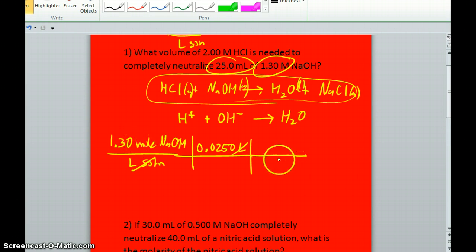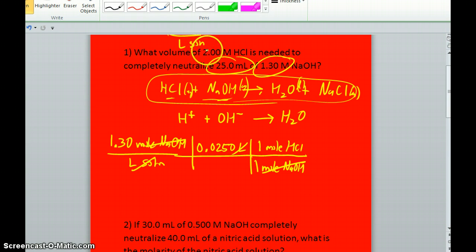And so in this case, for 1 mole of sodium hydroxide, we will need to use 1 mole of HCl. So what I've done here is, by using the number of moles of sodium hydroxide I had to neutralize, I have figured out how many moles of acid it's going to take to neutralize that sodium hydroxide.